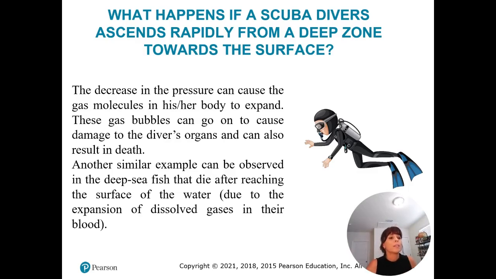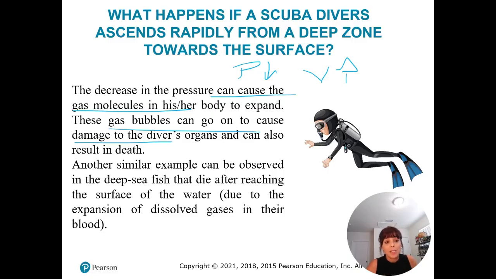The pressure will decrease very fast, and this can cause the gas molecules to expand because the volume will increase so fast. These gas bubbles can cause damage to the diver's organs and can cause death.